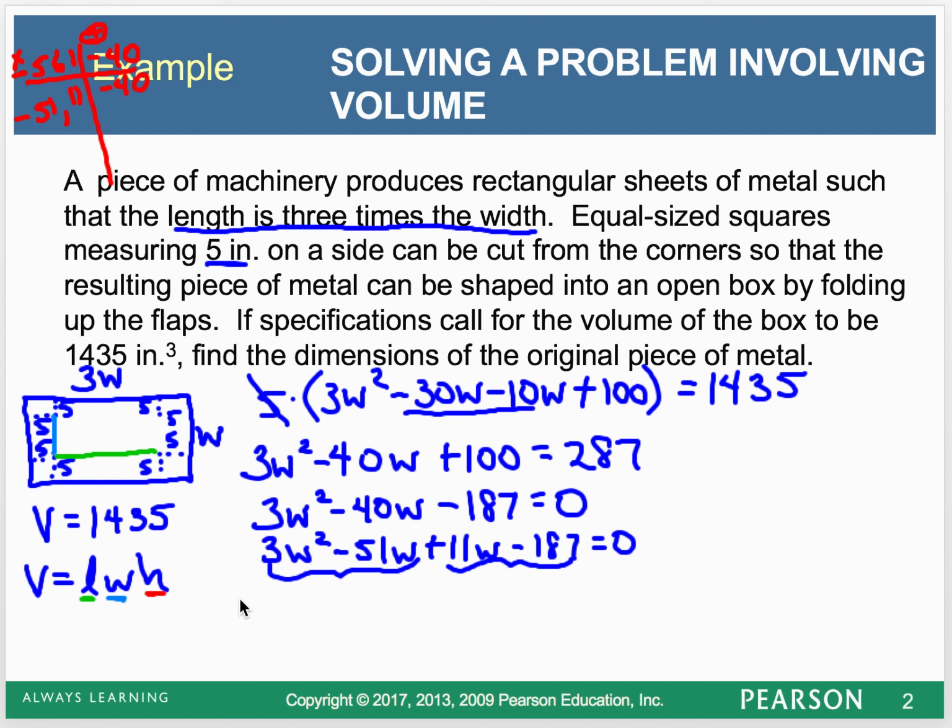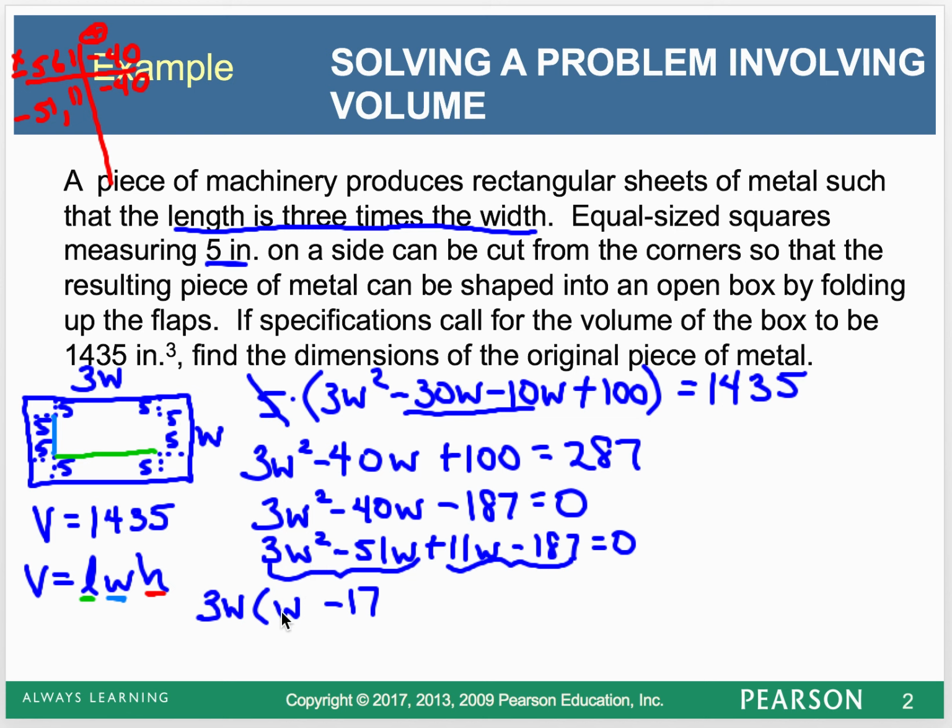So I can factor 3 out of these two. That's going to leave w squared minus 17. It's not going to leave w squared, is it? Get a factor out of 3w, because they both have a w.